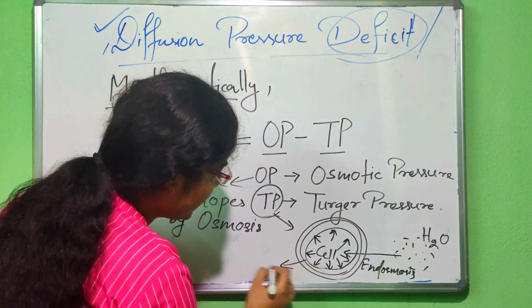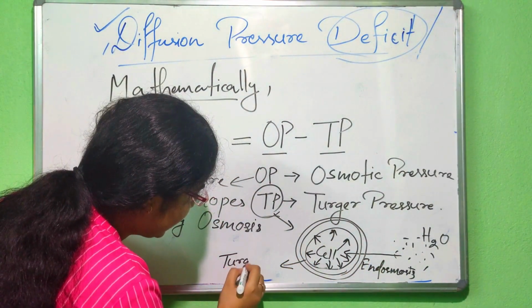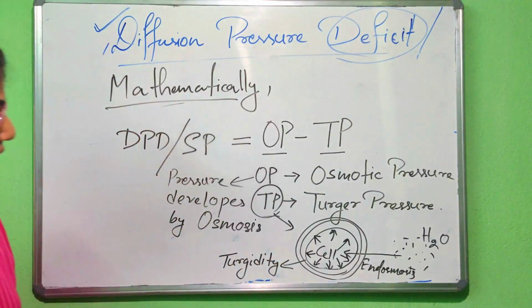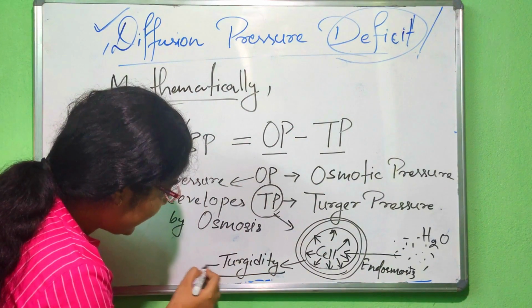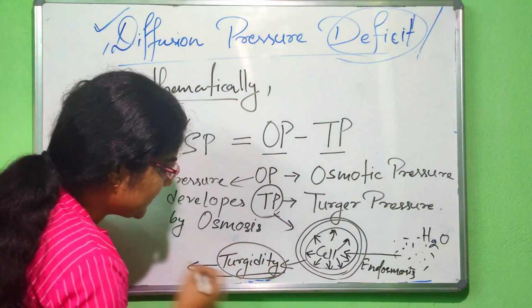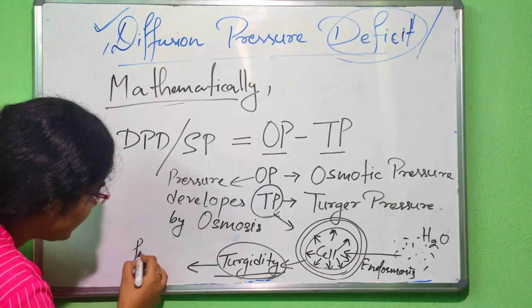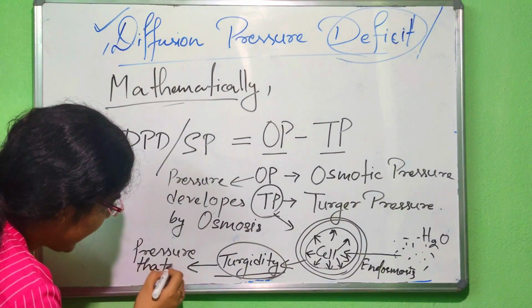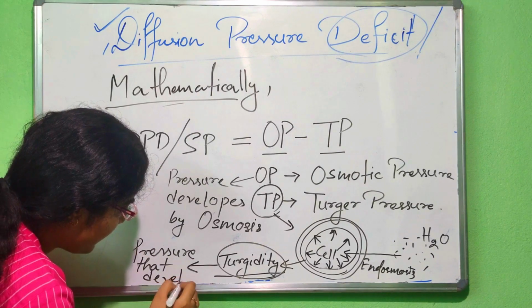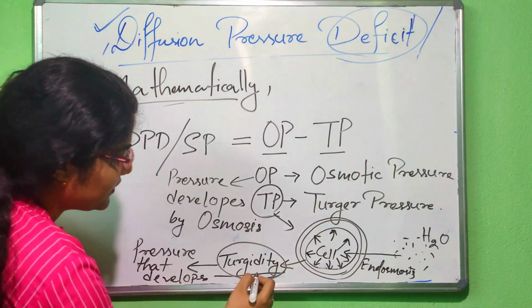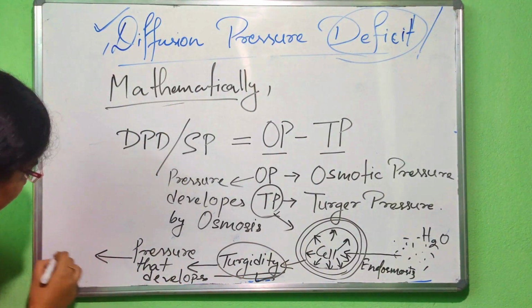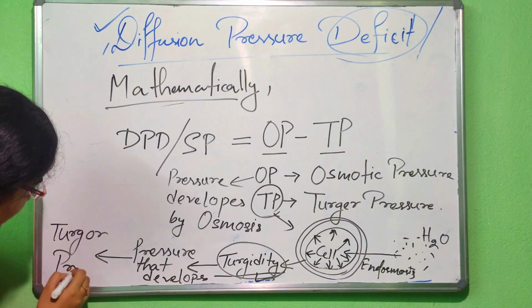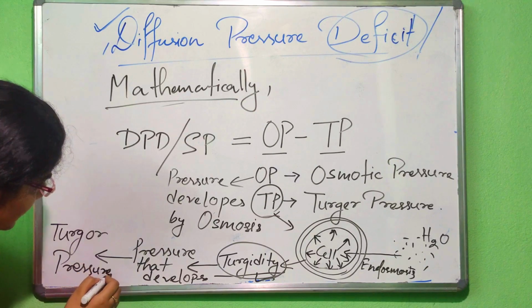This is known as turgidity of the cell. The pressure that develops due to turgidity of the cell is called Turgor pressure. Clear or not?